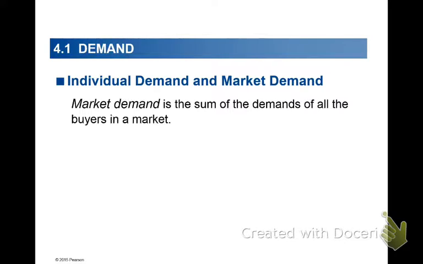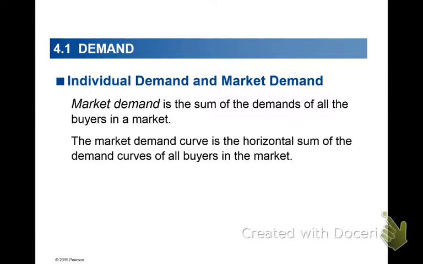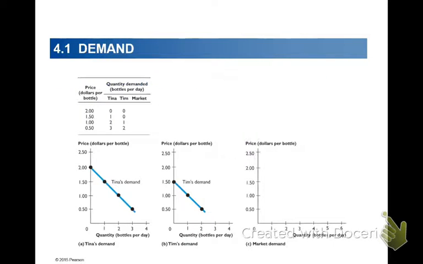It is probably more instructive to look at the graphical illustration, which is very simple. Imagine that there are two people, Tina and Tim. When the market price is $1.50, Tina's demand is 1. When the market price is $1.50, Tim's demand is 0. So when we get the market demand, we just sum up Tina's demand and Tim's demand.